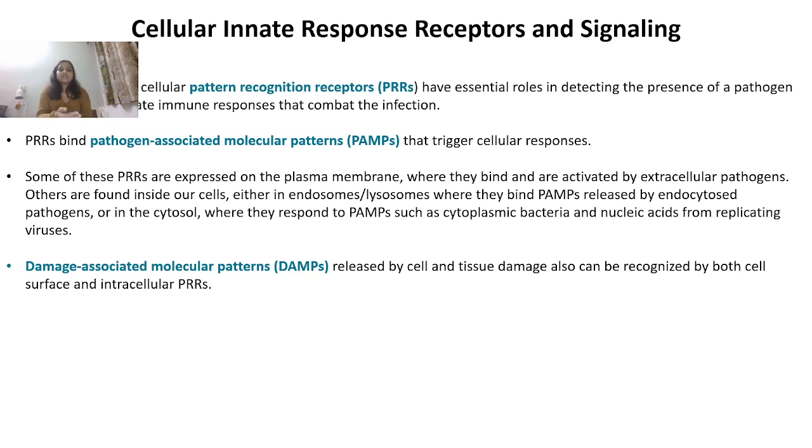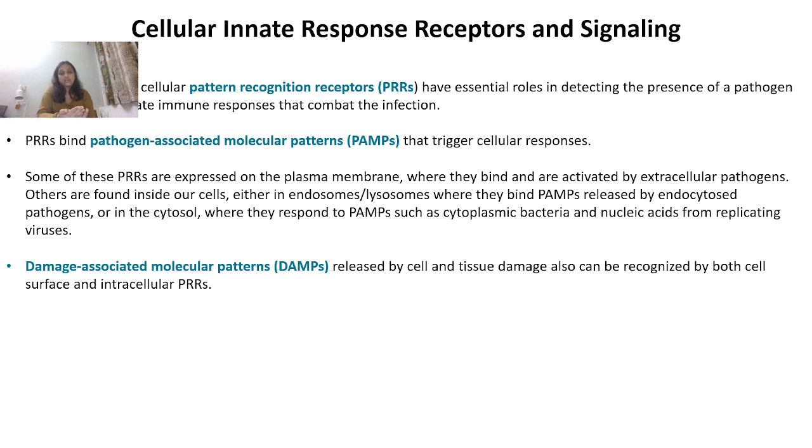They have an essential role in detecting the presence of pathogens and activating the innate immune responses that combat the infection. So these PRRs, or the pattern recognition receptors, bind to certain molecules known as pathogen-associated molecular patterns that trigger cellular responses.